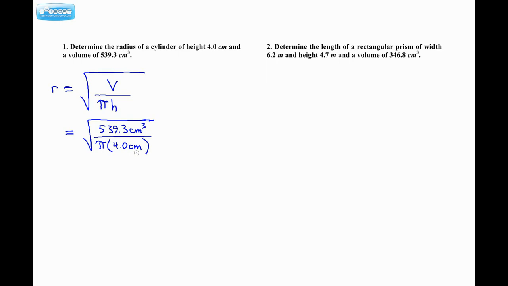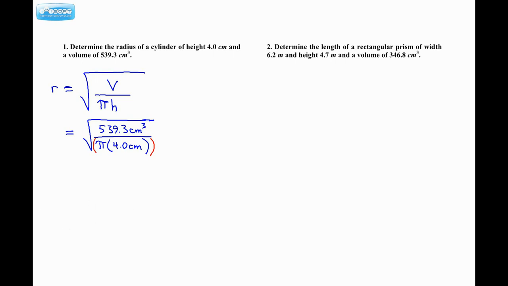Okay, so 539.3 divided by, and you're going to want to use brackets here, otherwise your calculator is probably not going to give you the right answer. So I'm going to divide by pi times 4. I'm going to close that bracket. Okay, now in my display I have the number 42.916 and so on, and then I'm going to take the square root of that.